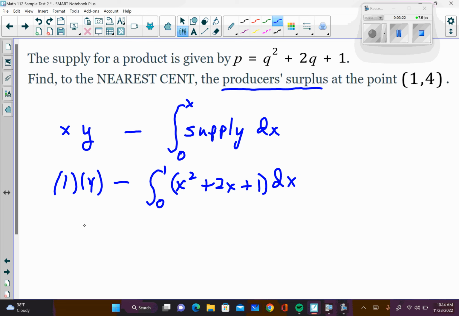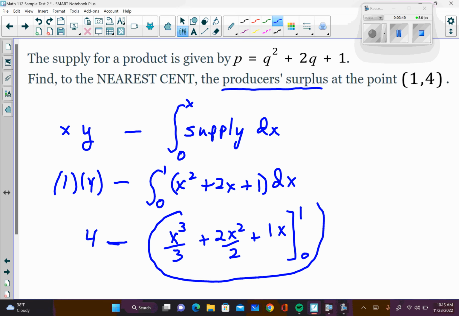So here we have 1 times 4. And the integral of x squared dx is x cubed over 3, plus 2 gets copied. The integral of x dx is x squared over 2, plus the 1 gets copied, and the integral of dx is just x. We put a bracket here with the 0 and the 1. But this is a little tricky because it's minus whatever number we get doing this.